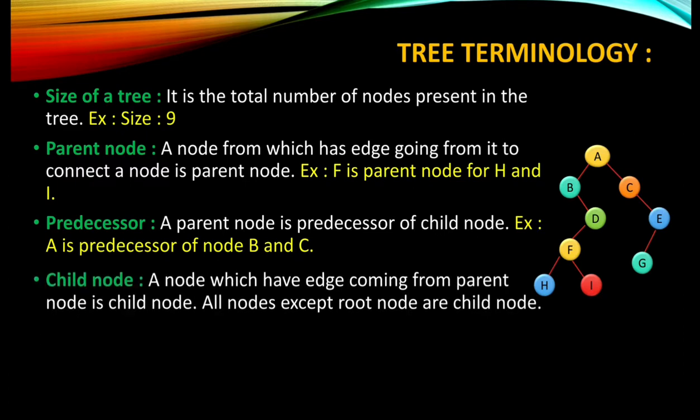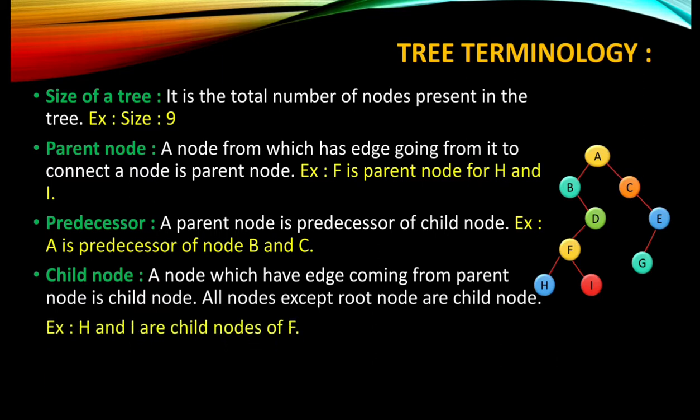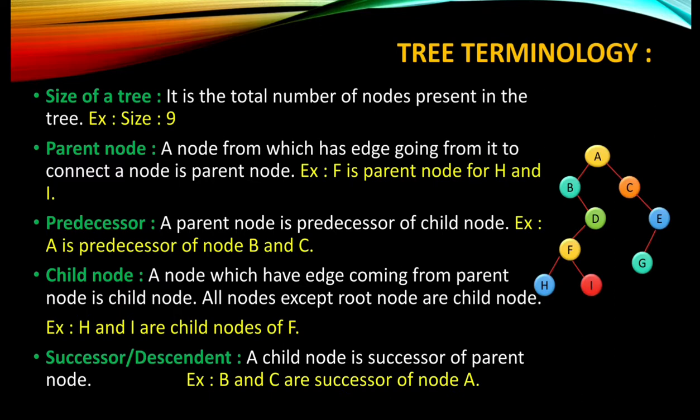Child node, you all know. These details you are all familiar with. Successor or descendants are the child nodes. Each and everything I had already explained. Predecessor is a father node or parent node for a child, and successor or descendant is the child node of a parent.